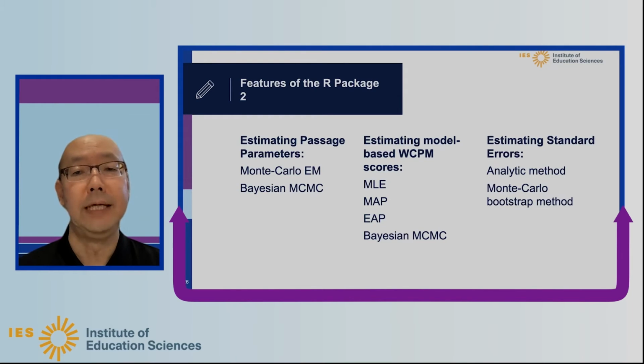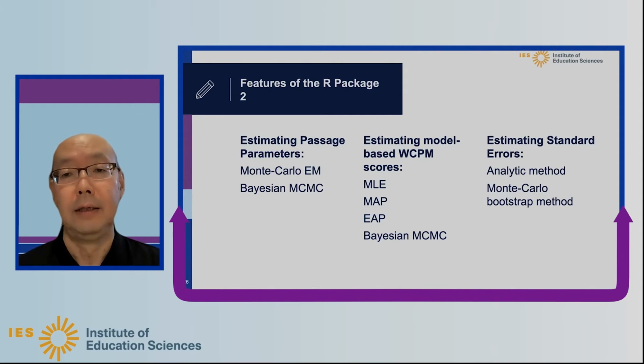In terms of estimating model-based WCPM scores, we have incorporated maximum likelihood, MAP, EAP, and Bayesian MCMC. In terms of estimating standard errors, we incorporated one analytic method, the Delta method, and also a Monte Carlo bootstrap method.